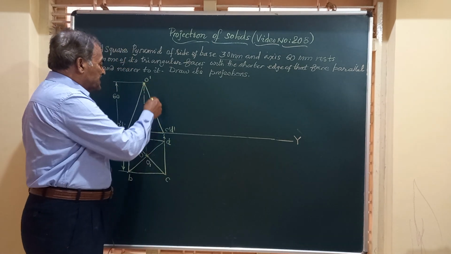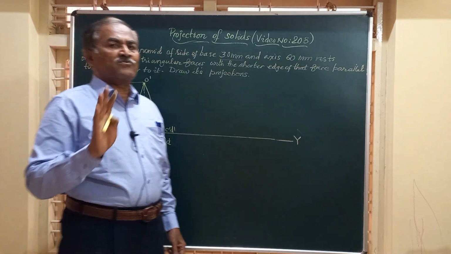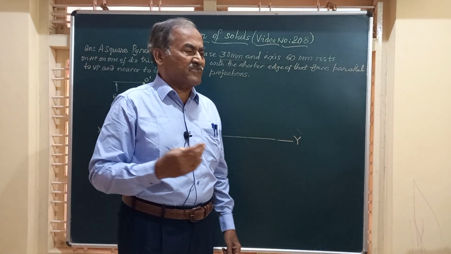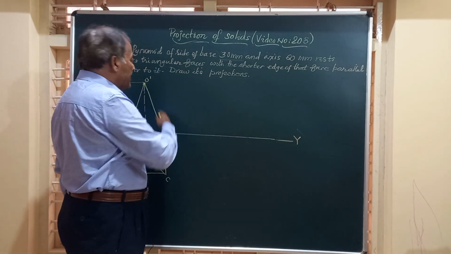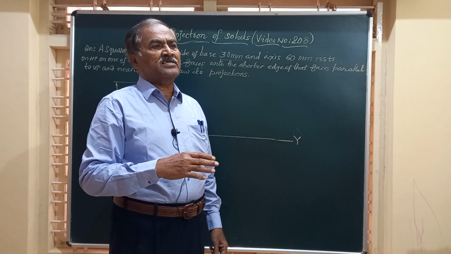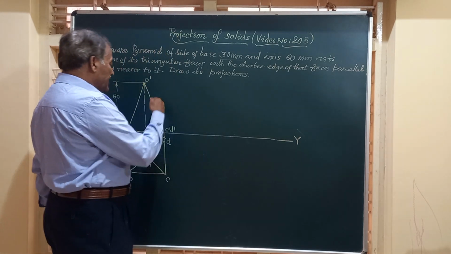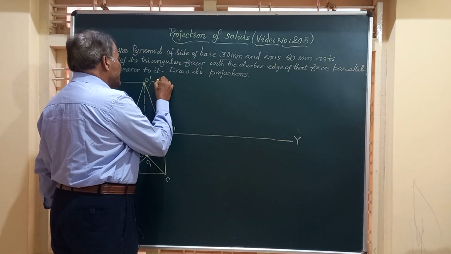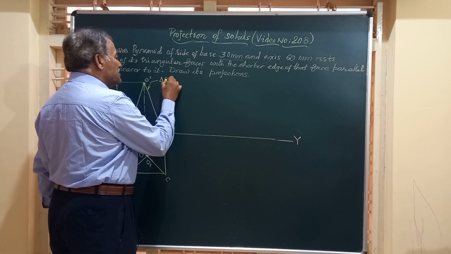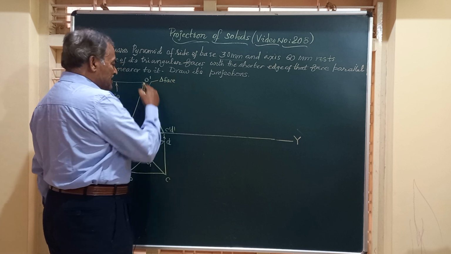Because there are 3 points. If there are 4 points, it represents a rectangular or square surface. If you have got 5 points, it represents a pentagonal surface. So friends, here this O dash, C dash, D dash is one of the triangular faces because it has got 3 points.